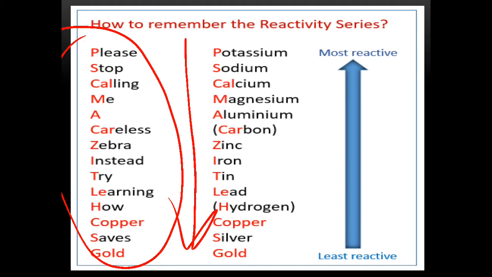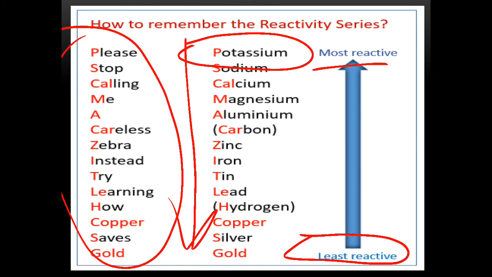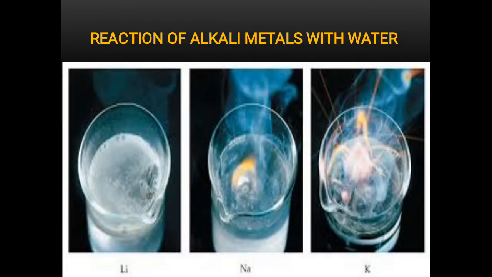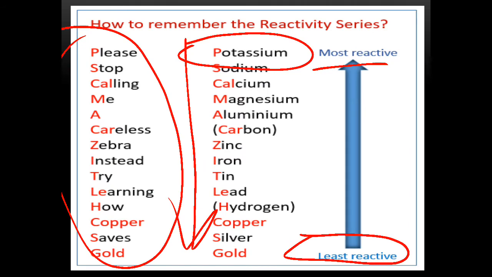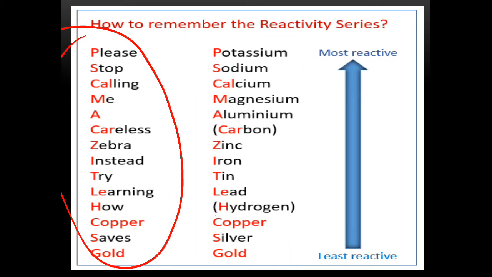But you have to remember one thing, that the topmost level is the most reactive, and the bottommost, the lower level, is gold, which is the least reactive metal. One more thing to know about the reactivity series is that any element which is above another is higher in reactivity, as potassium is more reactive than sodium, and sodium is more reactive than calcium and all the underlying elements.